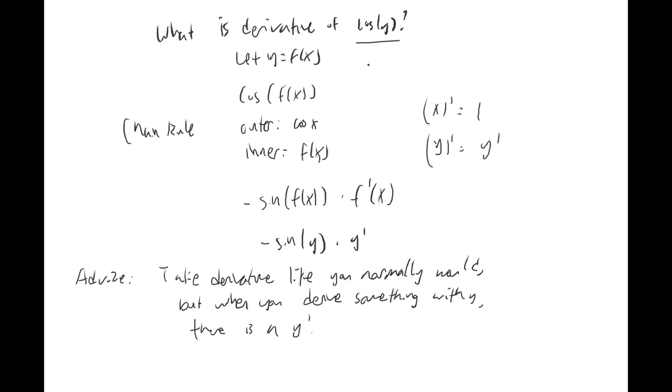So whenever you differentiate y, you get a y prime. Here you take the derivative of cosine, that's negative sine, so it's just this. But you took the derivative of something with a y in it, so chain rule tells you there's a y prime. So all in all, this is the answer.